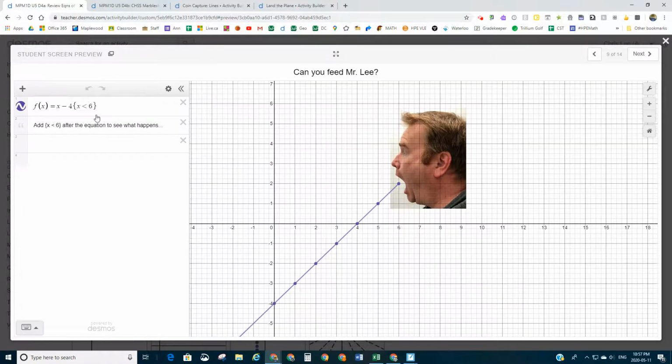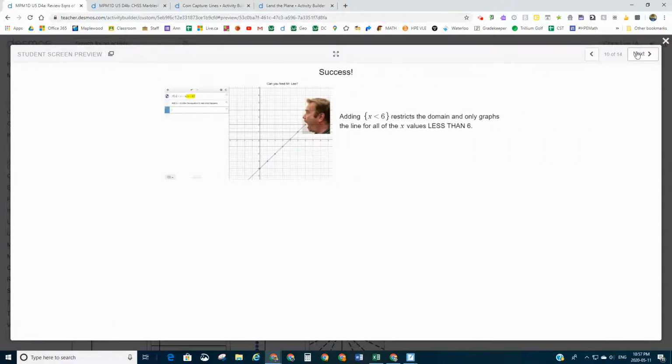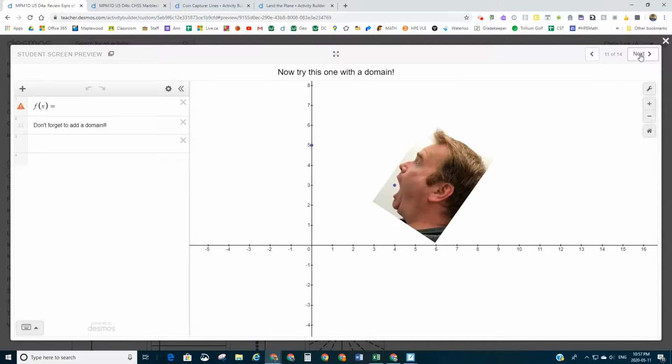Now, if we had done the other symbol and gone greater than 6, you see it's done all of the line after 6. That's not what we want. We want less than 6. So that's an interesting little twist to our equations of lines that is going to be helpful for one of the cool activities you're going to do in a moment.